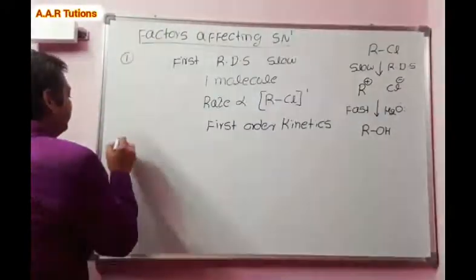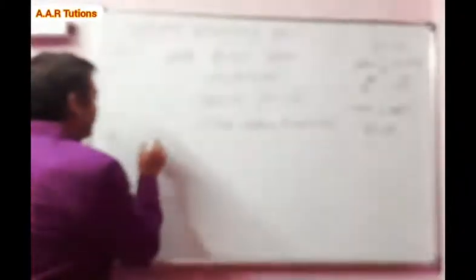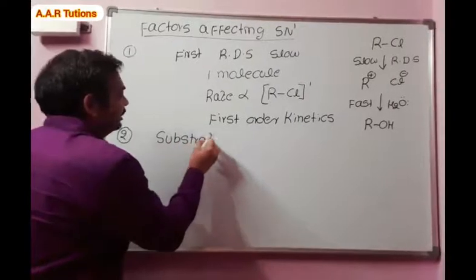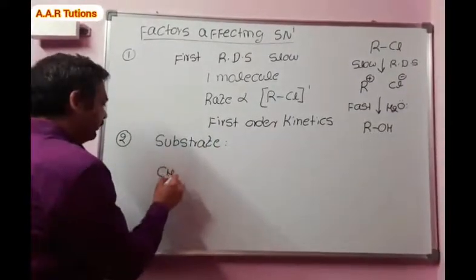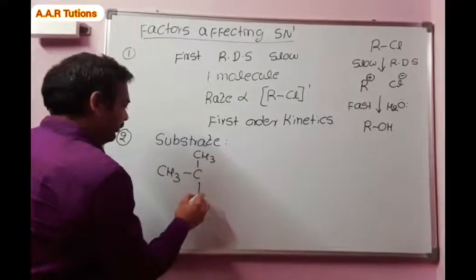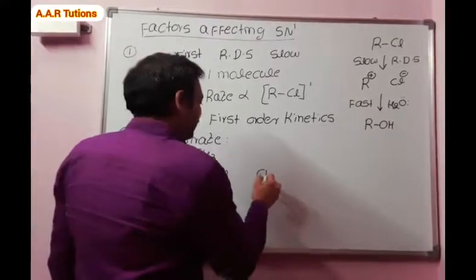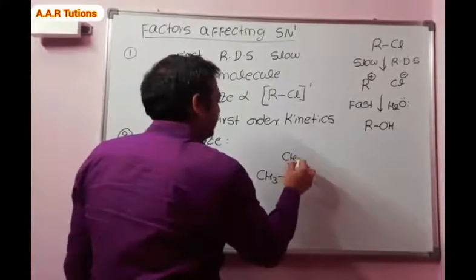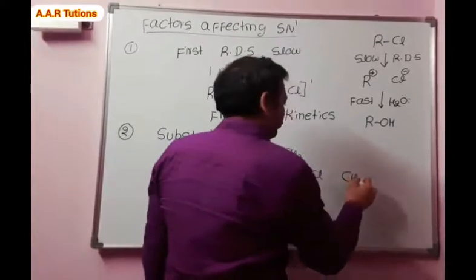Now point number 2. Which substrates will undergo SN1 reaction? For example, you have been given three compounds: tertiary butyl chloride, isopropyl chloride, and ethyl chloride.